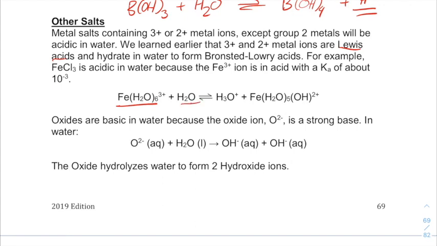But when it reacts with loose water, you can form H3O+ because the iron will gain a hydroxide. And so here's the hydroxide attached to it, and that's attached through one of these Lewis acid reactions. Oxides are basic in water because an oxide can accept the hydrogen in water to form a hydroxide.